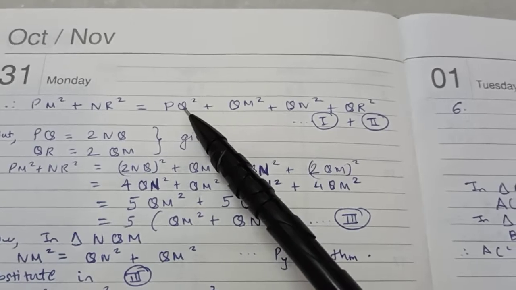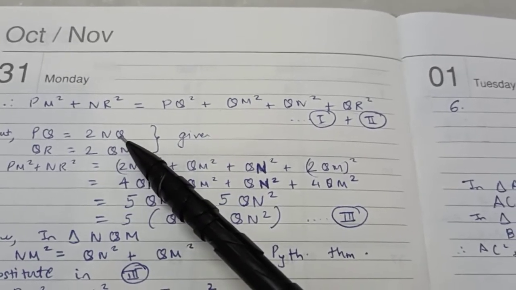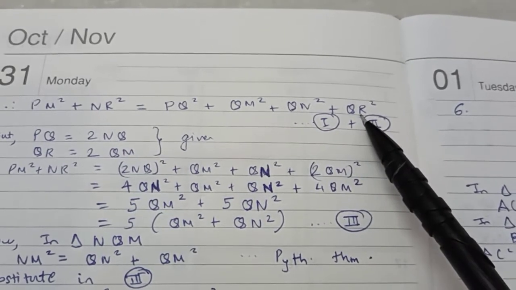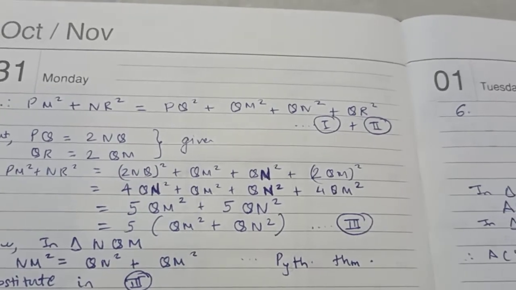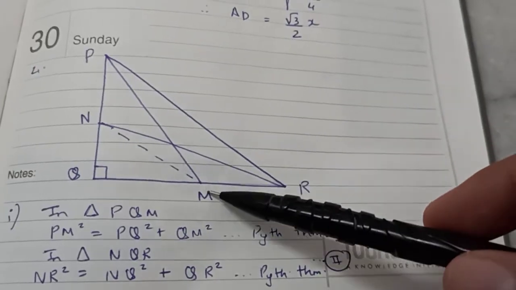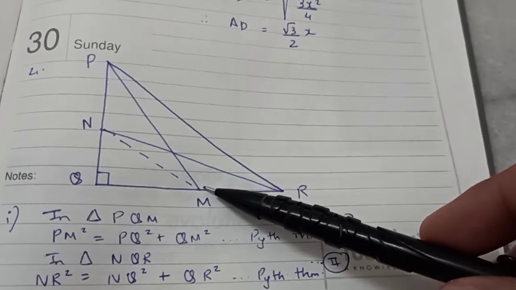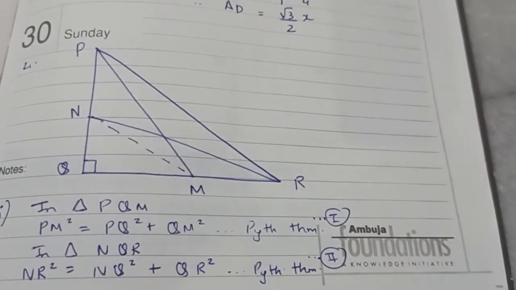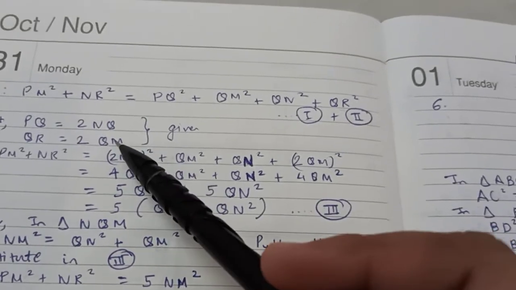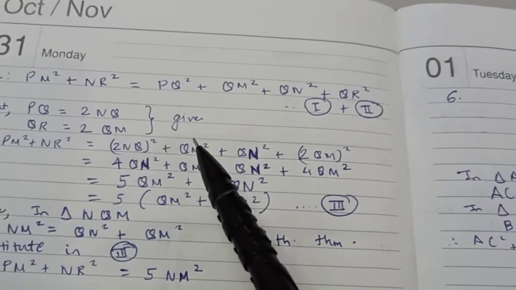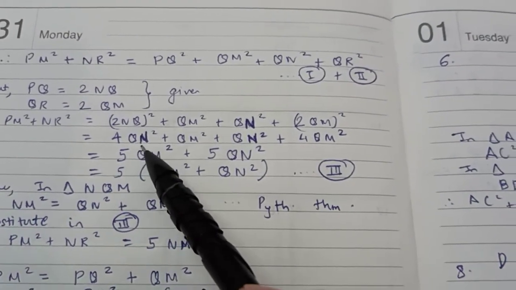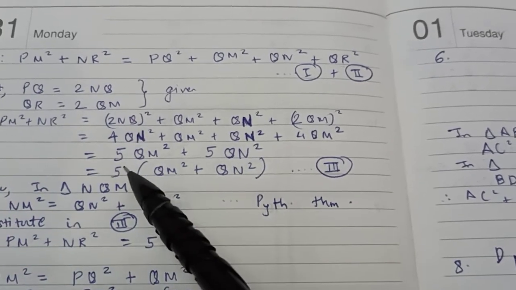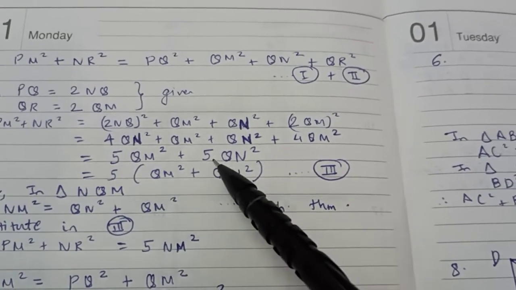Now PQ is twice of NQ and QR is twice of QM. That's because it is mentioned in the question that M is the midpoint of QR and N is the midpoint of PQ. So on substituting these values, we get this finally, 5QM squared plus 5QN squared.